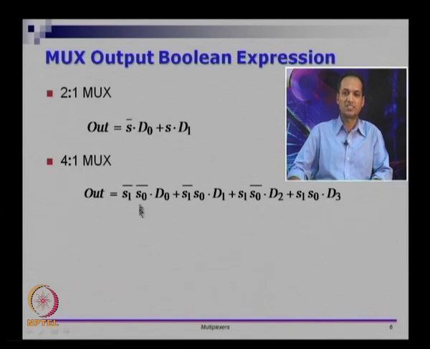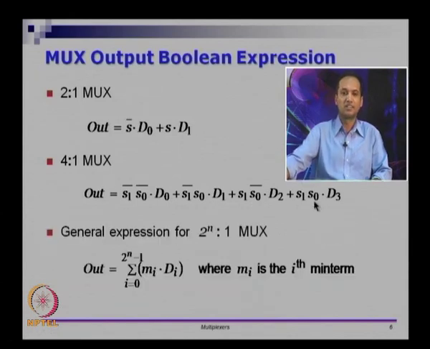So you can see that the structure is very similar to what you had here. Here you had 2 combinations for a single input line S. Here you have 4 possible combinations: S1, S0 both complemented, only one of them complemented, and both not complemented. So the general expression is that out, as a Boolean expression, is the logical OR over 2 power n terms, from 0 to 2 power n minus 1, of mi, which is the minterm i, and data i, which is the ith line of data.